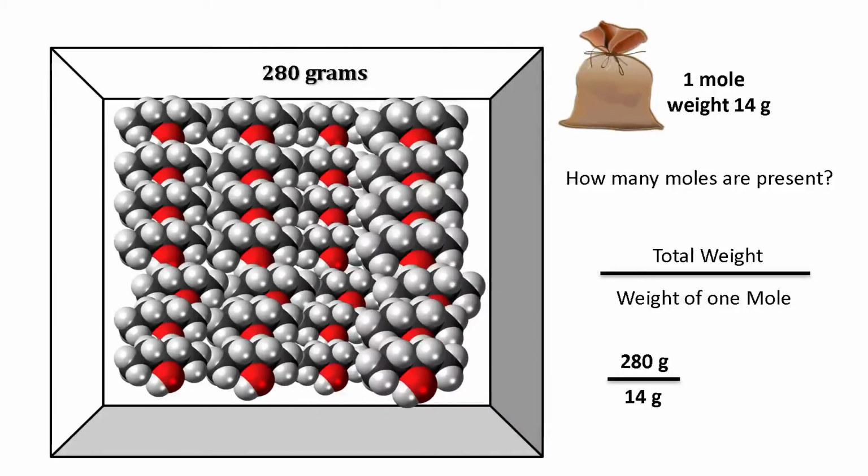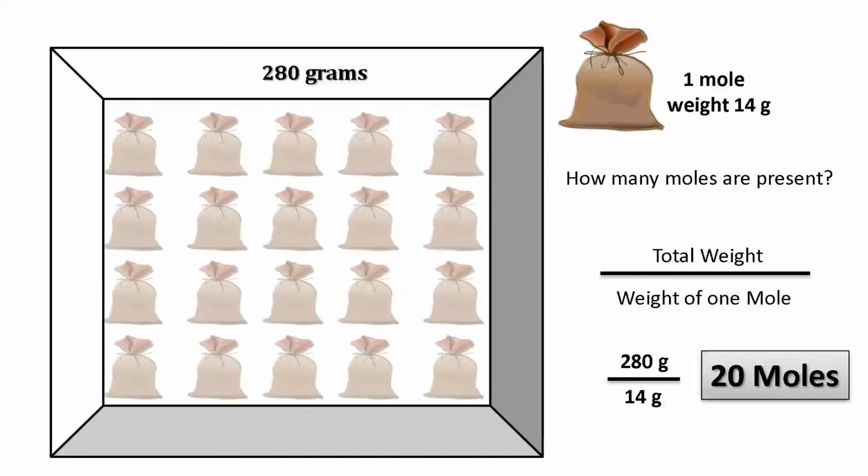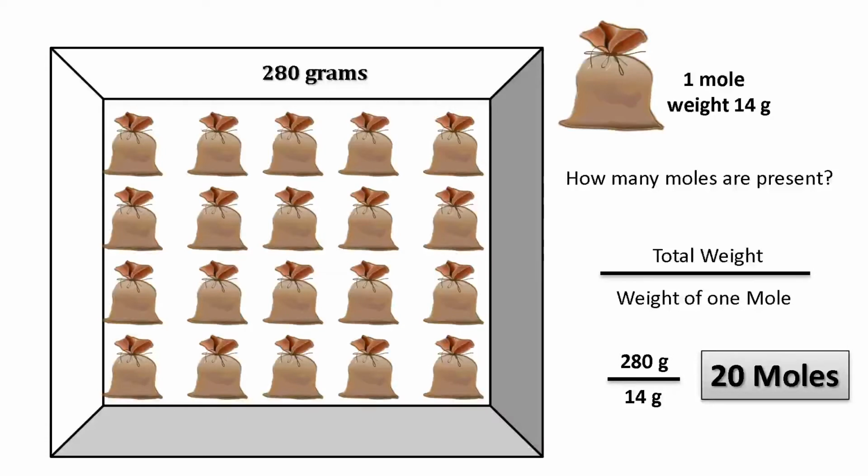The weight of 1 mole is 14 grams. Hence, we get the answer 20 moles. That means this basket will have 20 moles of these molecules. In other words, it can accommodate 20 such molar bags, right?